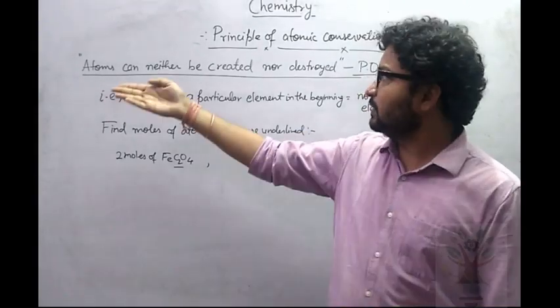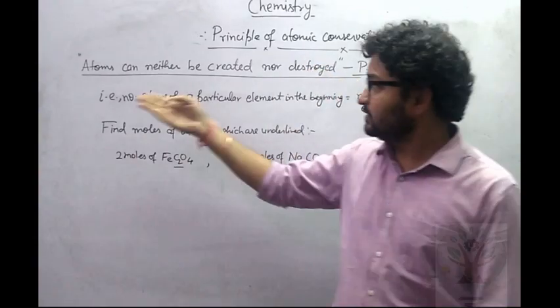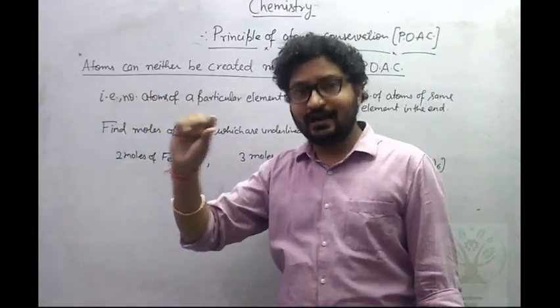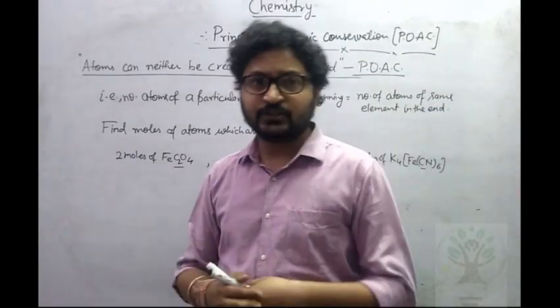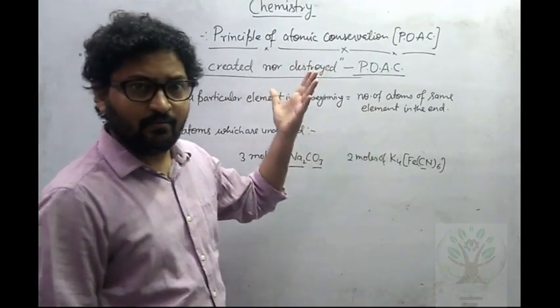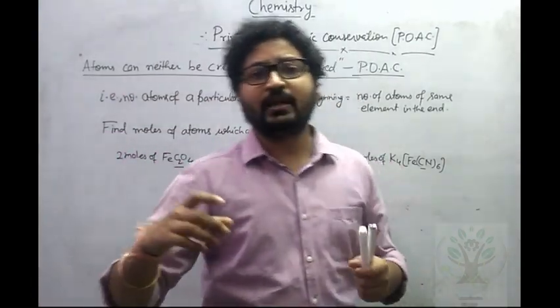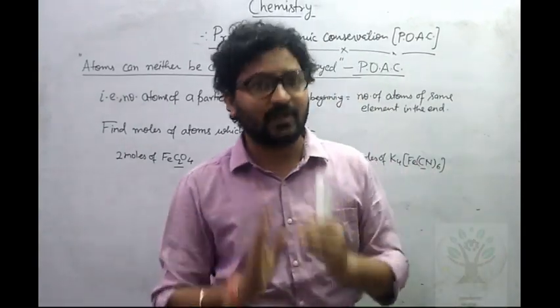So what is the principle of atomic conservation? Atoms can neither be created nor destroyed. That is, if I count the number of a particular atom in the beginning of the reaction, that will be equal to the number of the very same atom in the end. Means कि अगर आप कोई reaction start करते हो like 100 atom of carbon लेकर के, so reaction के end में भी you will have 100 carbon atoms.